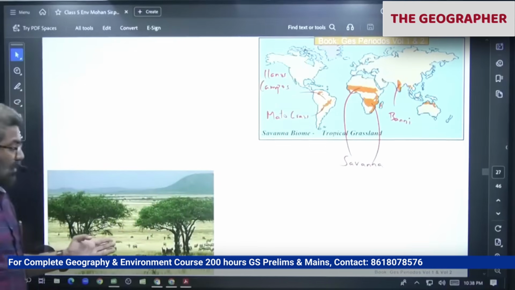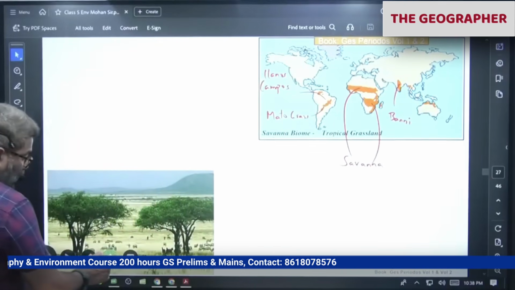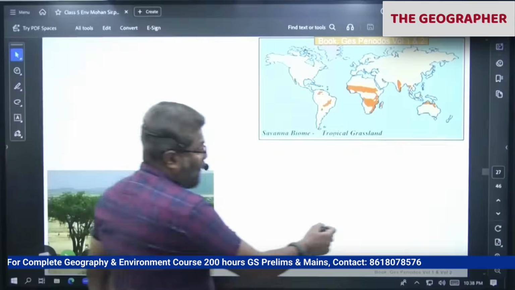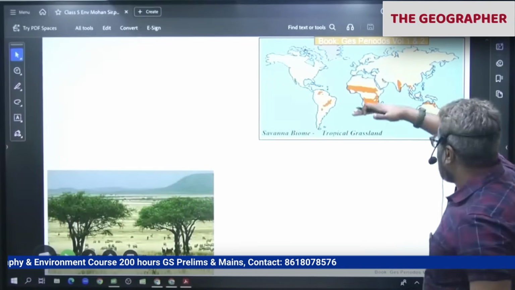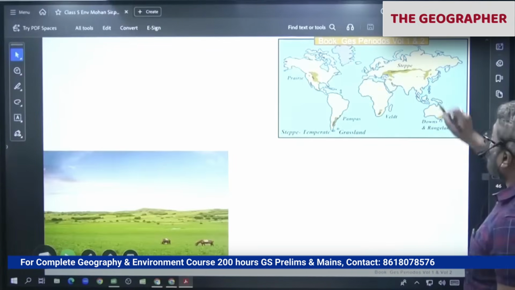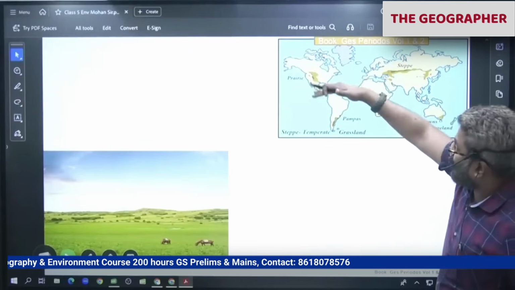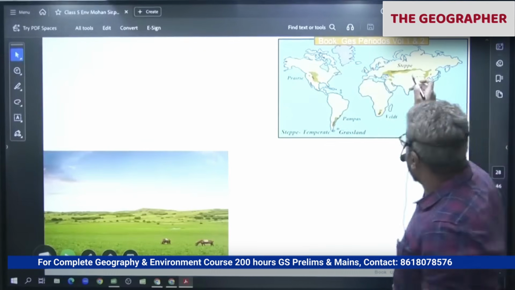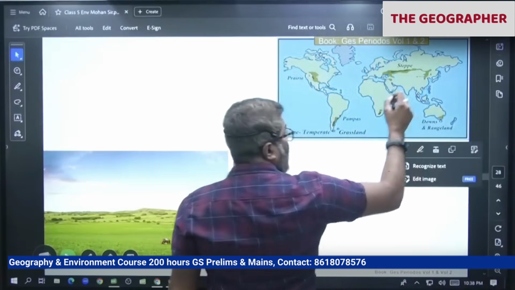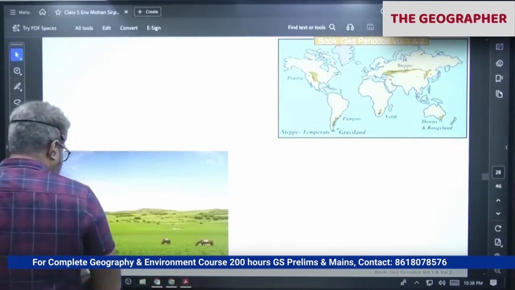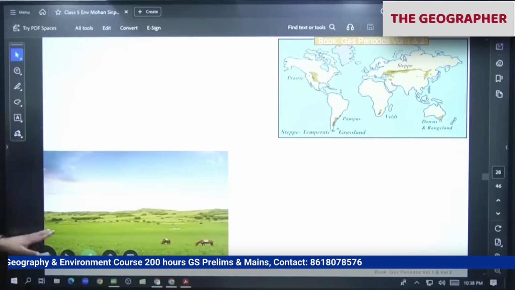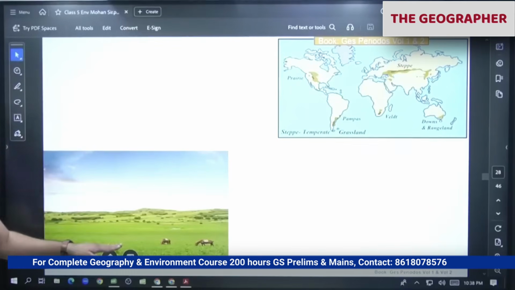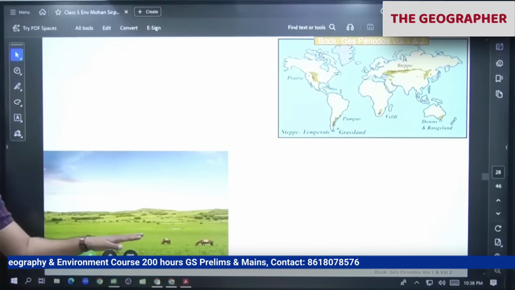In temperate regions, you saw the tropical, now see the temperate. Temperate are close to the poles here. Remember steppe? Temperate grassland. See how it looks: vast stretches of lush green, nutritious, soft grass.